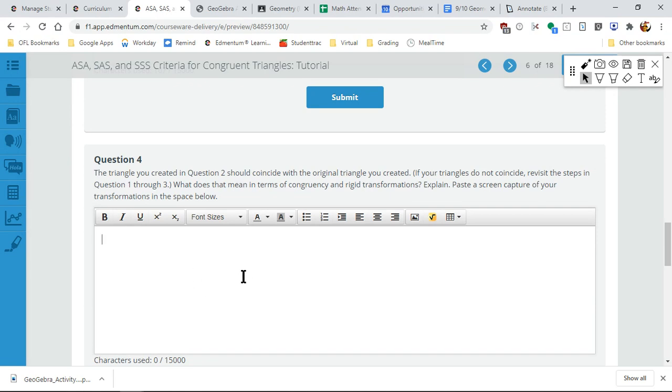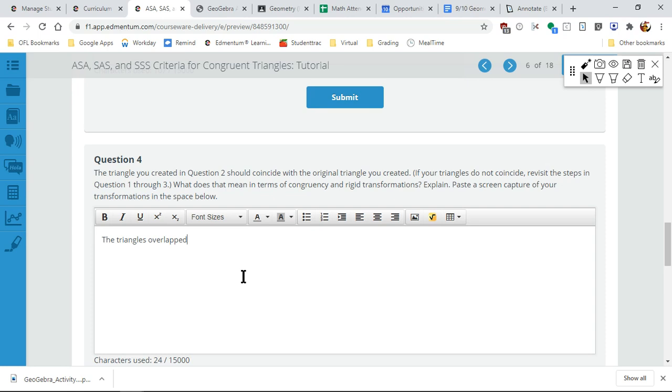So what we're going to say is the triangles overlap. I'm not going to say perfectly because I guess it is a little off. We know they're going to overlap perfectly, it's just really hard to do the rotation.